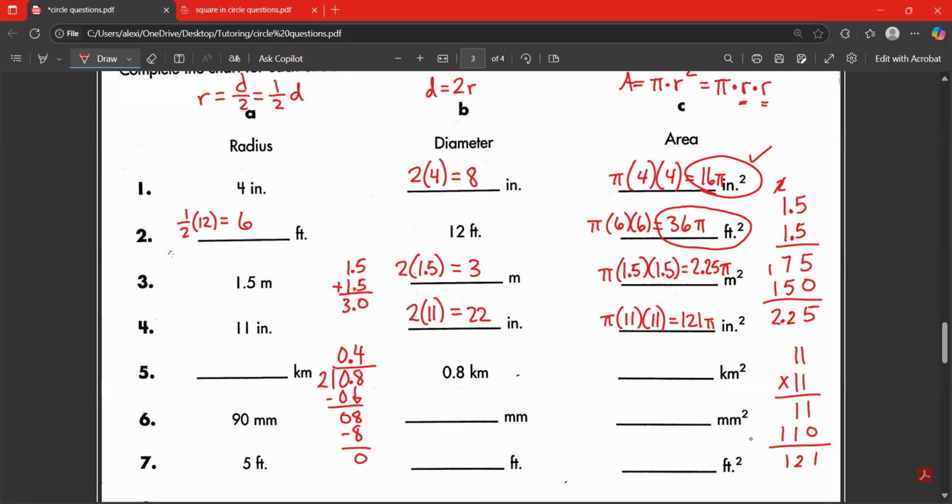And I get 0.4. All right, so now I can find area. So that's pi times 0.4 times 0.4.